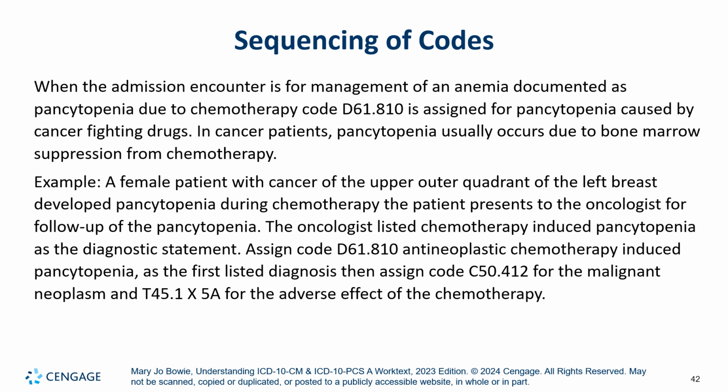So in this example, a female patient with cancer of the upper outer quadrant of the left breast develops pancytopenia during chemotherapy, and the patient presents to the oncologist for follow-up for the pancytopenia. The oncologist listed chemotherapy-induced pancytopenia as the diagnostic statement.